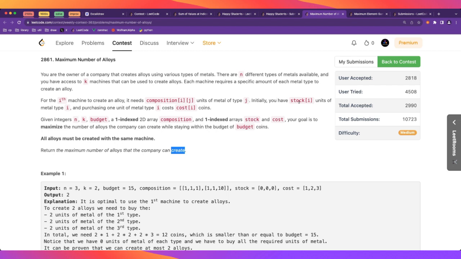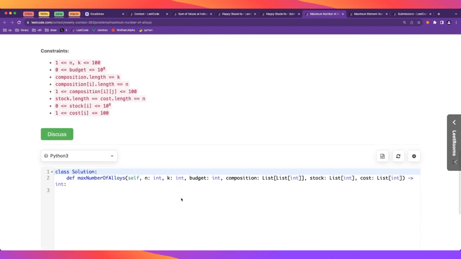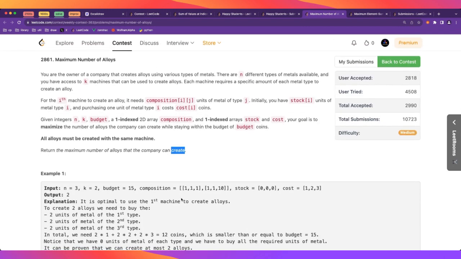And you also have a stock of these metal types and a cost of each one. And you want to see which of the machines you want to select to maximize the number of alloys that you can create, without exceeding a budget.